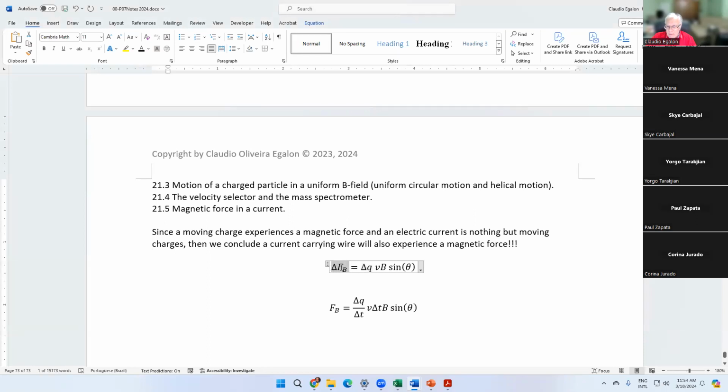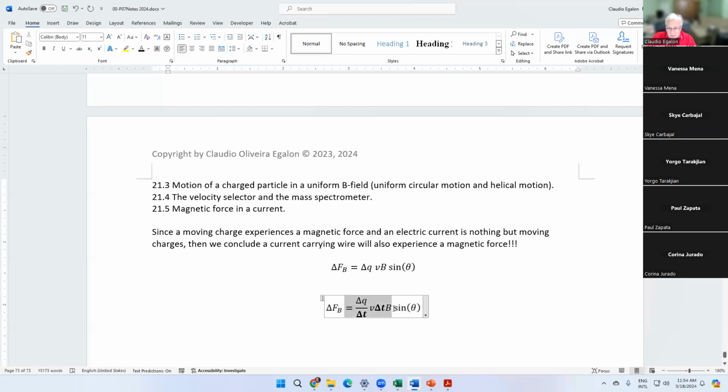We have this infinitely small magnetic force, right? And here I'm going to write like that. And now, see, I have delta t here and delta t here. Consequently, I didn't change anything in this equation. Let me emphasize that for you. But now, take a look at this v delta t.